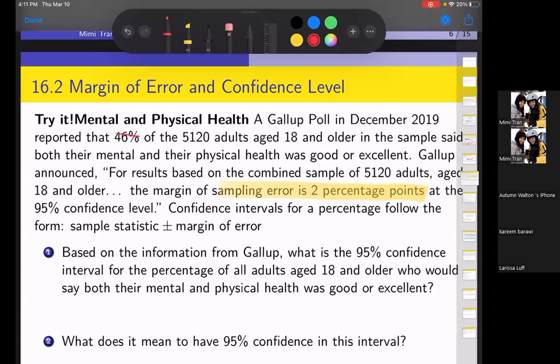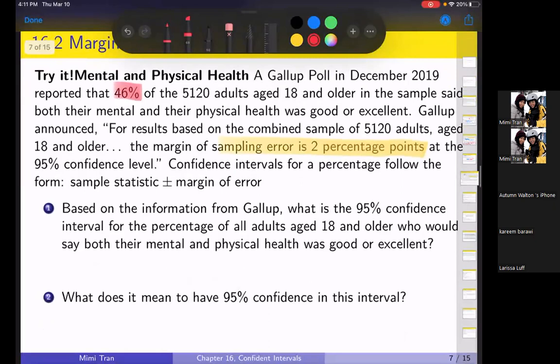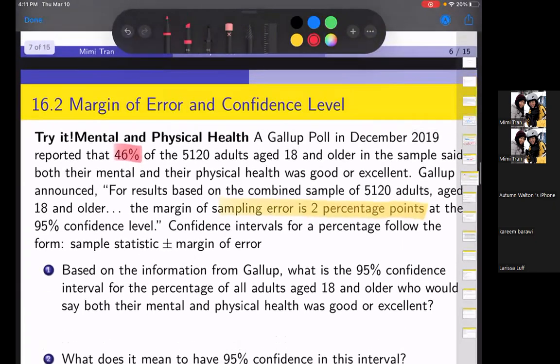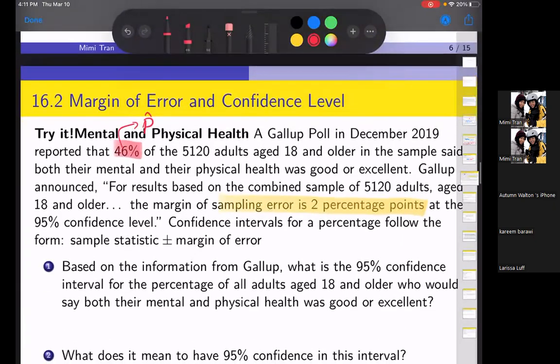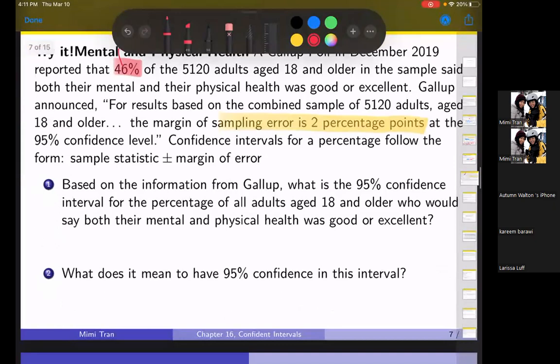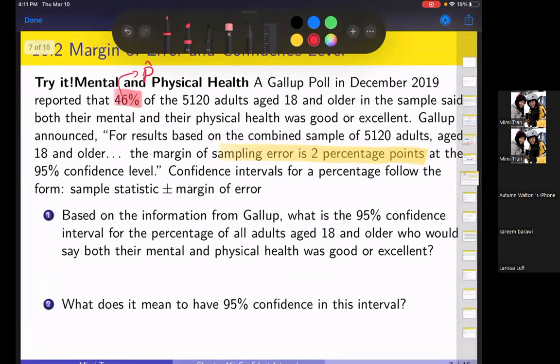Now when I say sample statistic, I don't always have to mean X bar. It could be S, it could be S squared, right? It could be P hat. Remember P hat, sample proportion? I kind of mentioned it before. So this guy is P hat. That's why I don't like it. I don't know why they even put it here. So my sample statistic is 46% plus or minus 2.